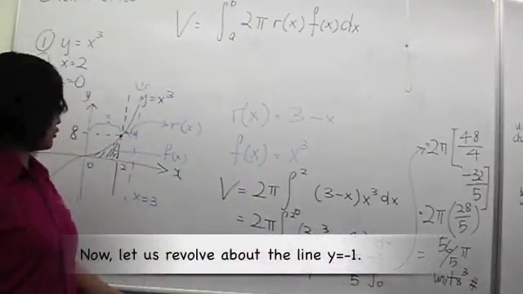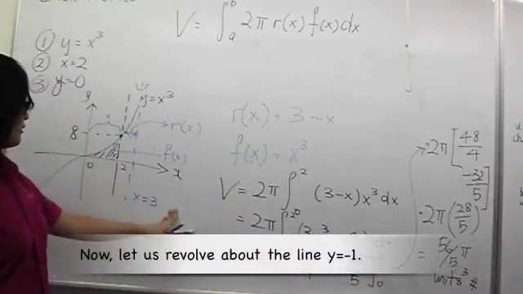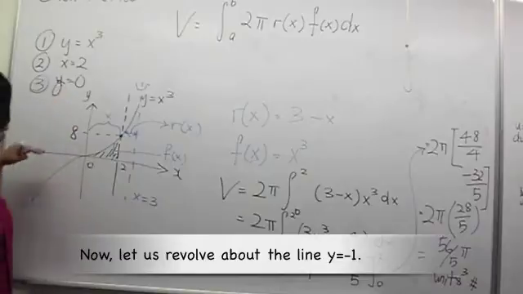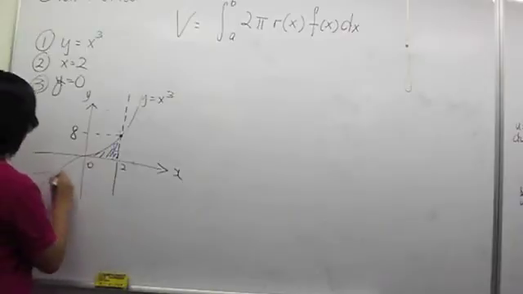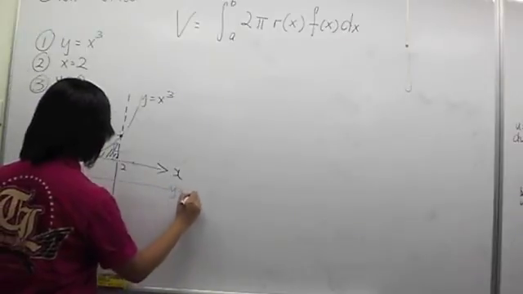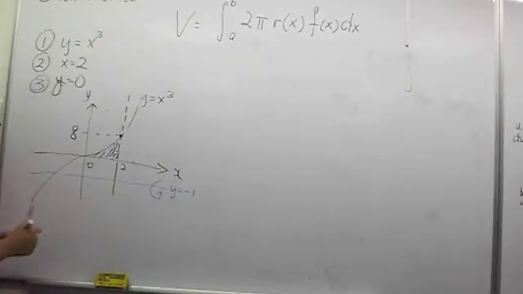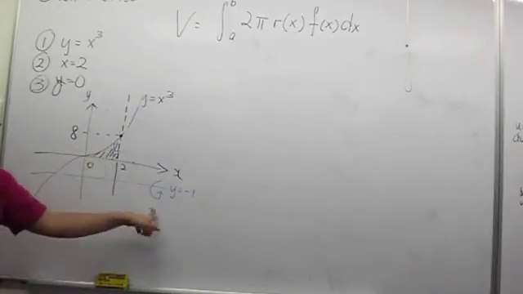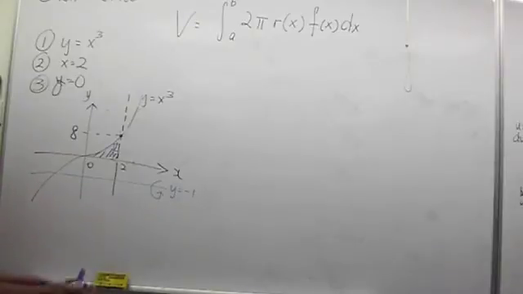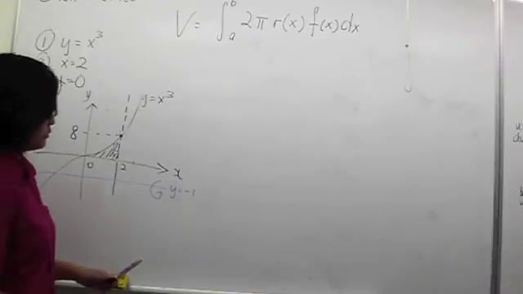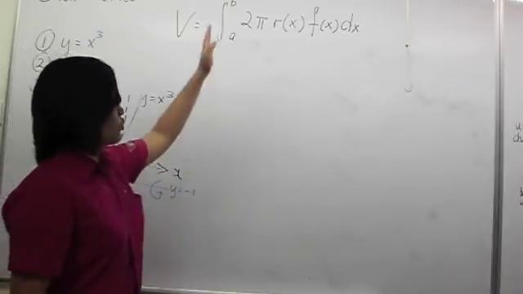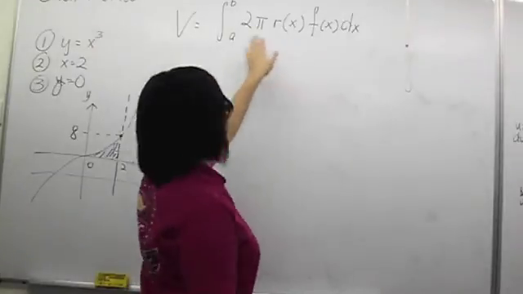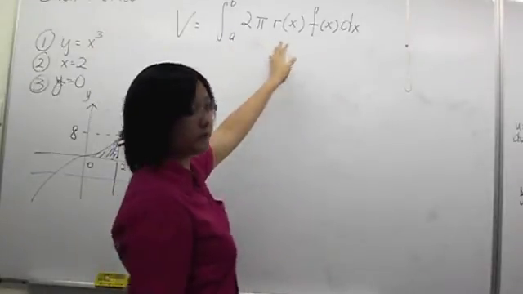Now I'm going to show you revolving about the line y equals -1. Let's just revolve this region about the line y equals -1. First thing we need to do is to determine which terms they are in, R(x) or R(y).